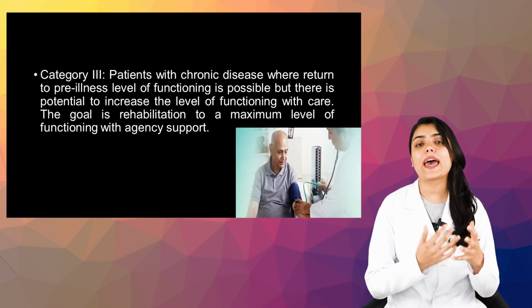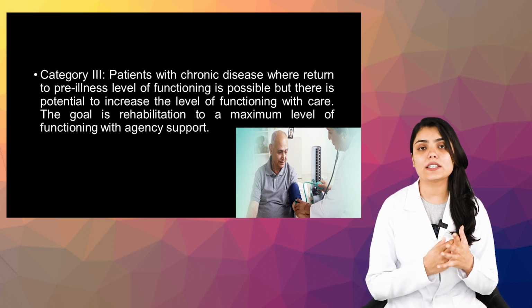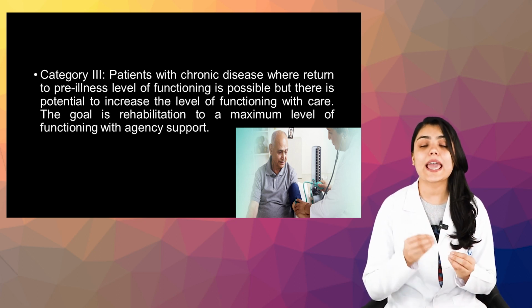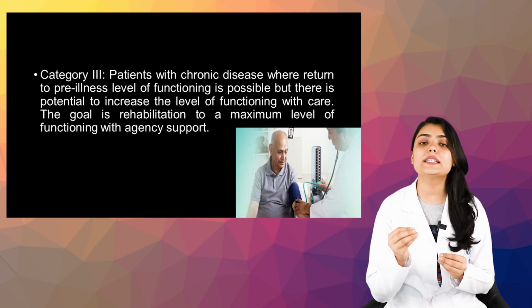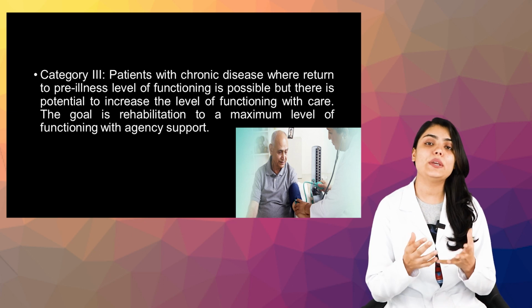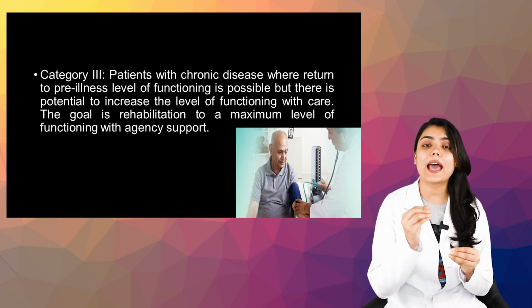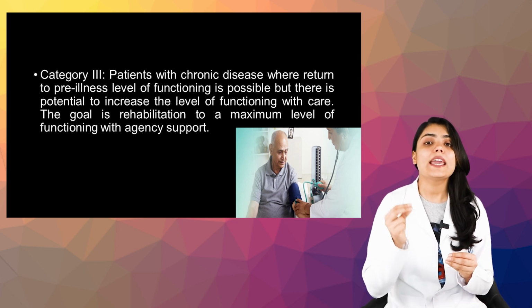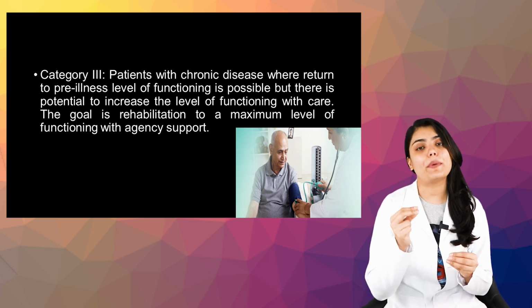The next one that we have is category 3. In category 3, there are patients who have chronic disease and also have the possibility to return to the pre-illness functioning. But in the third category, we see that the patients will have an increased chance of improving their functioning if they are provided with proper medical support.